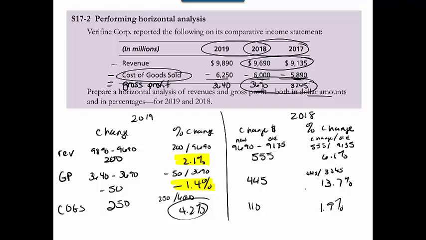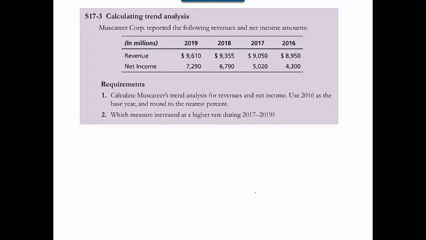Okay, so that's a standard horizontal analysis. Here it's asking for a trend analysis. So again, it's everything as a percent of the base year. So if we go 2016, 2017, 2018, 2019, and they're asking for revenue and net income. The base year is always going to be 100.